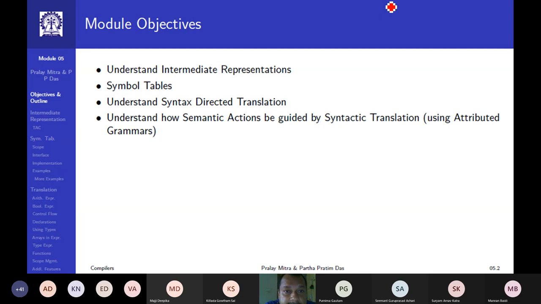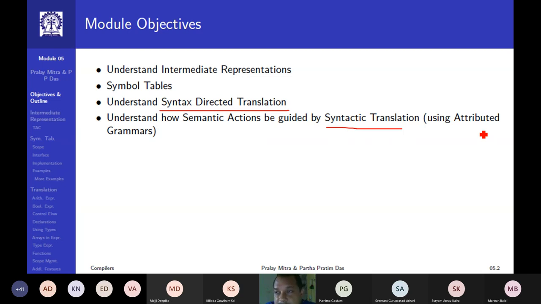The objective is to understand intermediate representations, symbol tables, understand syntax directed translation, in short SDT, and understand how semantic actions guide syntactic analysis using attributed grammar. It is the same thing, but more information will be injected to make it more meaningful.